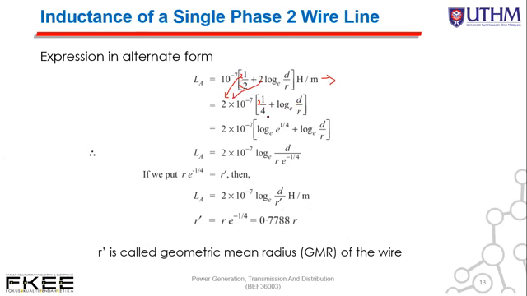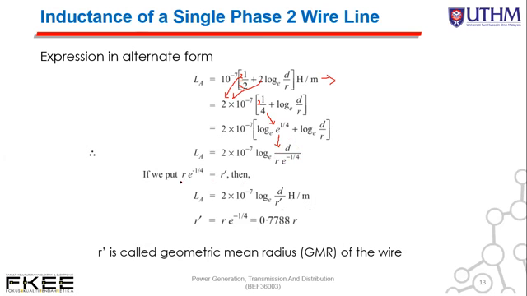Further, 1 over 4, if we convert it into a log exponent, we can simply write it as ln e to the power of 1 over 4. From this, we can simplify the equation further to ln D over R e to the power of minus 1 over 4.